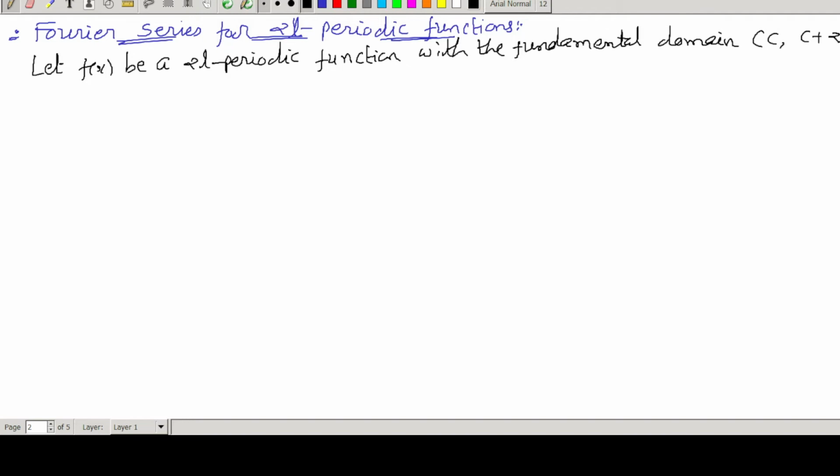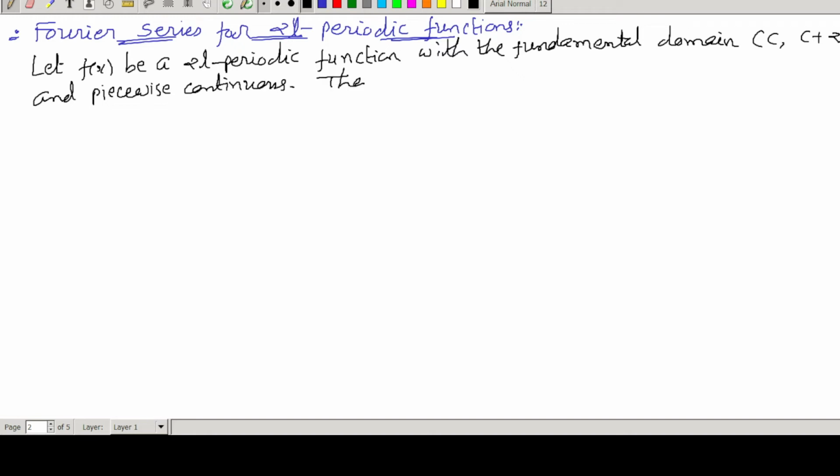There we were writing c to c plus 2 pi, right? Here we are writing c to c plus 2L. Then piecewise continuous.